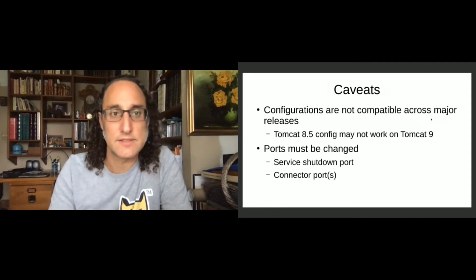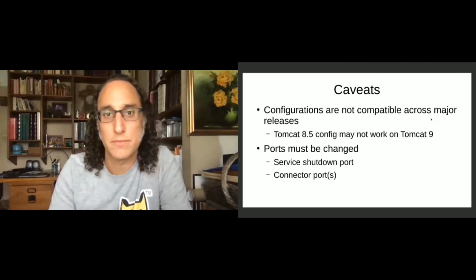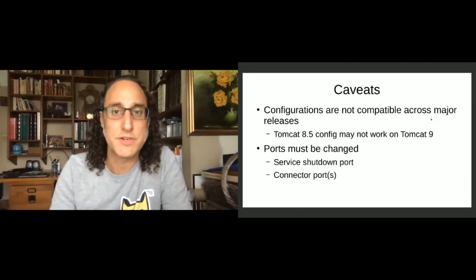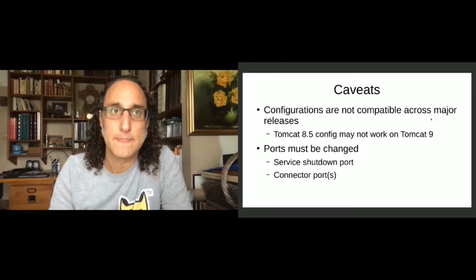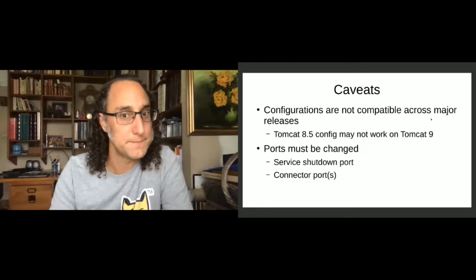So some caveats are, and this may be obvious to some, but it's worth mentioning, that the configurations are not compatible across major releases. Sometimes they are compatible, but you should expect that they will not be. So if you would like to upgrade from Tomcat 8.5 to Tomcat 9, I would recommend taking a look at the differences between your server XML and the one that ships with the Tomcat base that you're using.